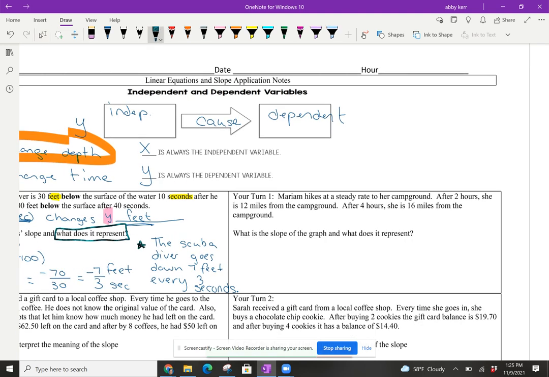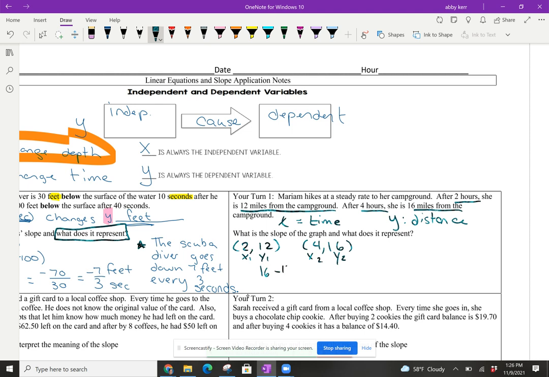Now, Miriam hikes at a steady rate. So after 2 hours, she's 12 miles from the campground. After 4, she's 16. So once again, our x value is time because it changes her distance away from the campground. So then it's going to be 2 comma 12 and then 4 comma 16 because it's our x and then our y and then our x and then our y.